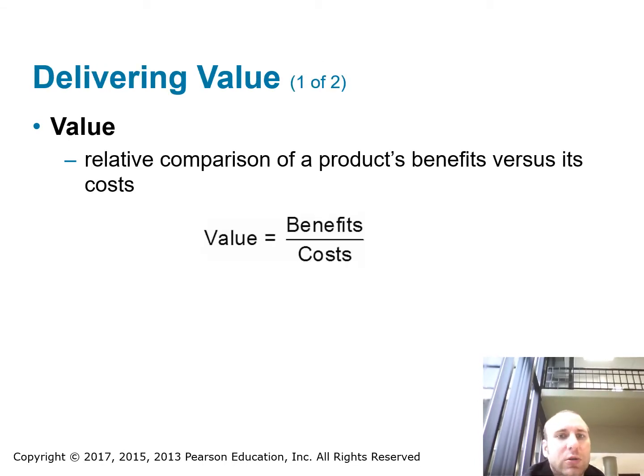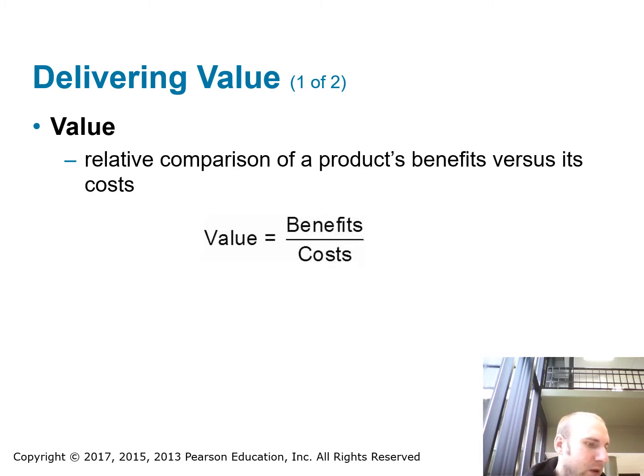Value. You hear this buzzword a lot, of value, and you see the equation below. Value equals benefits over costs. Value is formally defined as the relative comparison of a product's benefits versus its costs.